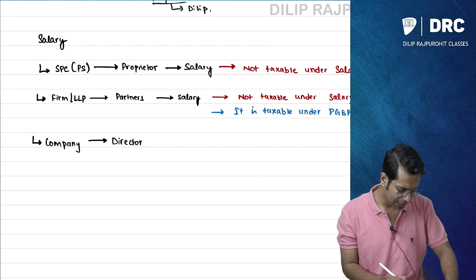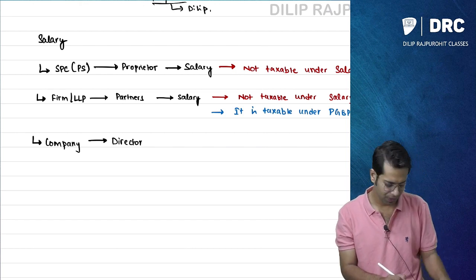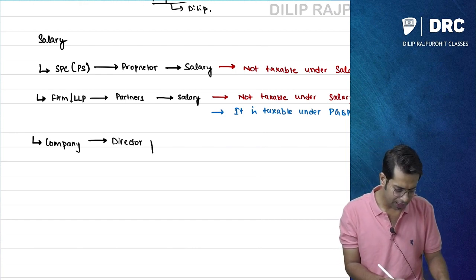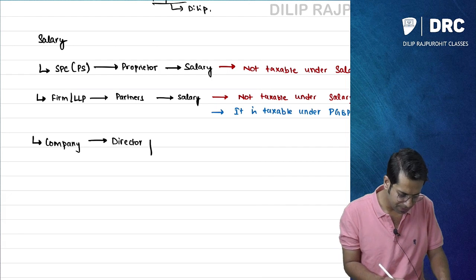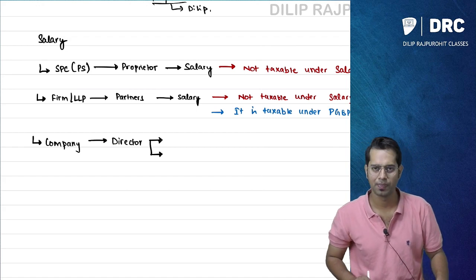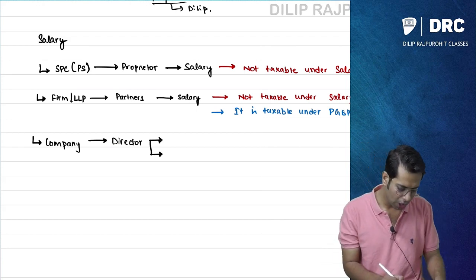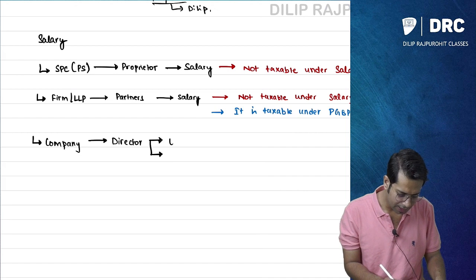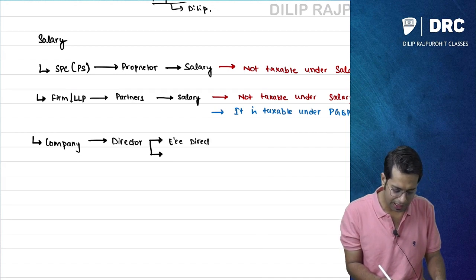In case the company is making the payment to a director, the company is paying salary to the director. Now what the lawmaker says is, check what type of director you are. Are you an employee director, or are you a non-employee director?